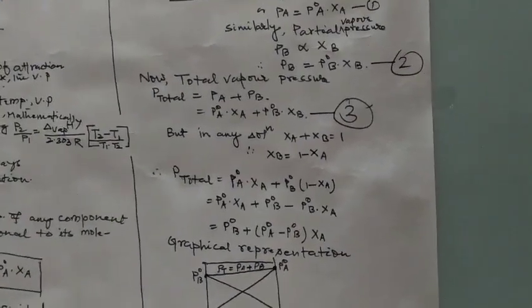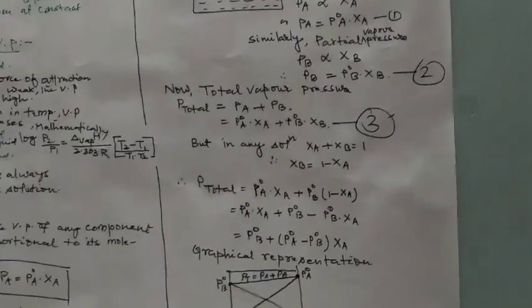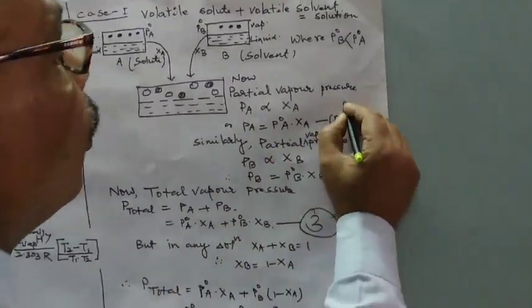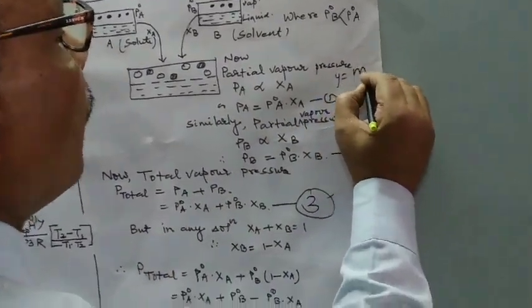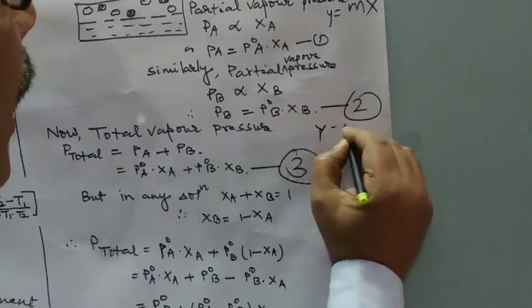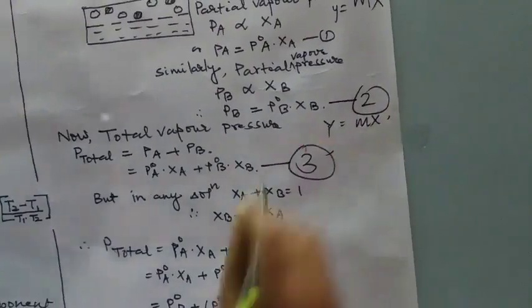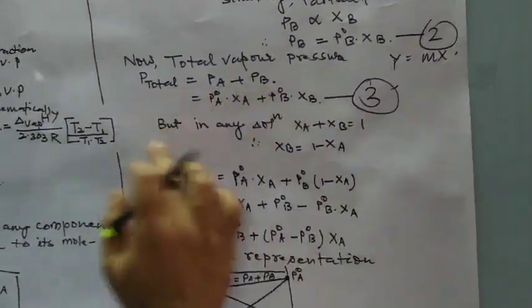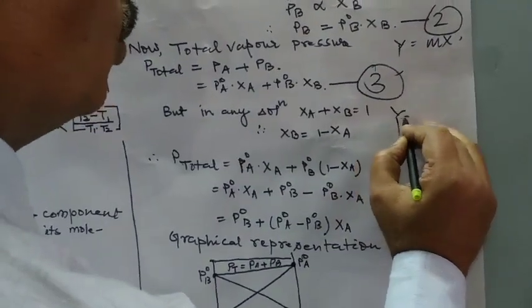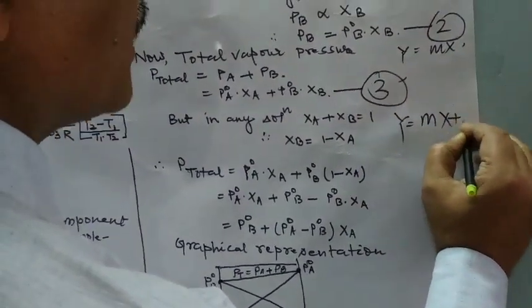You know well that the expression for a line passing through the origin is y equals mx. But here, for equation 3, y equals mx plus c.